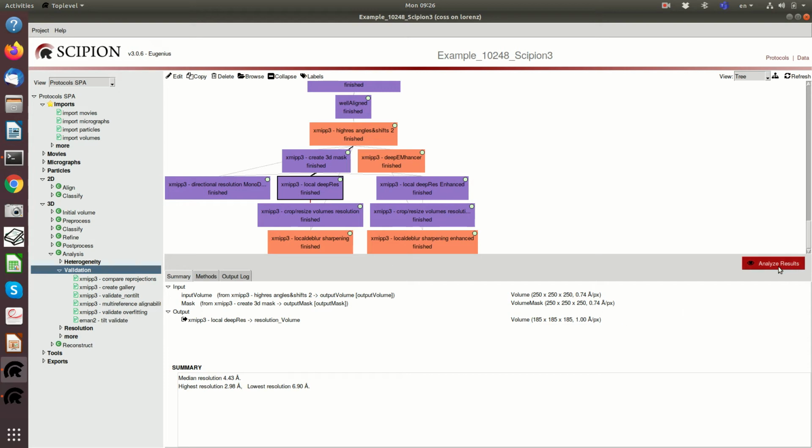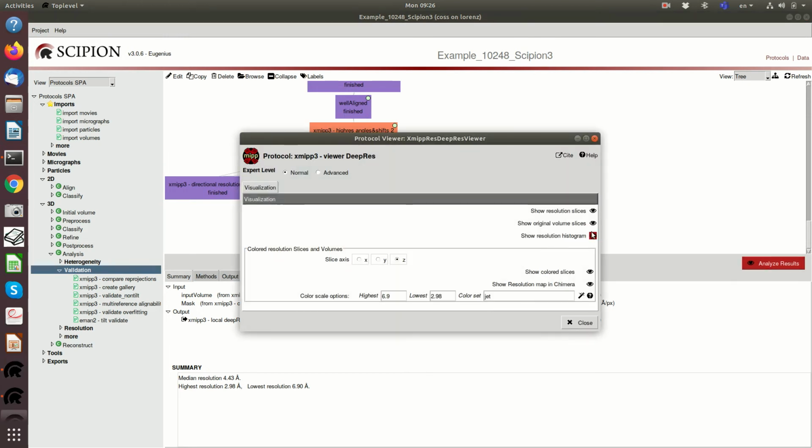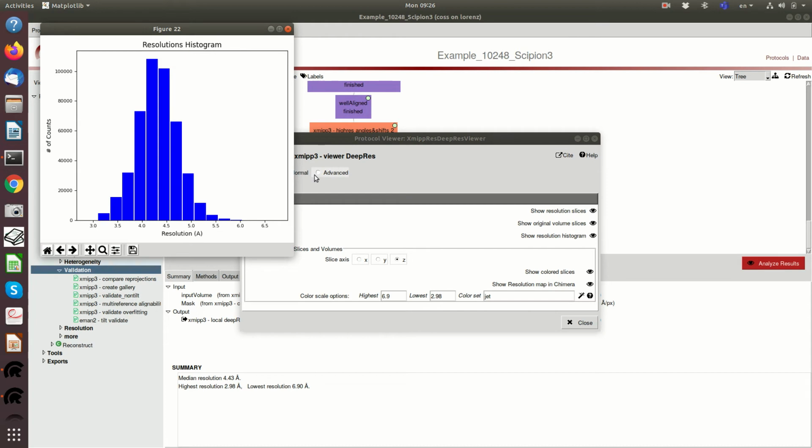So the local resolution, the one of DeepRes, I find it quite accurate, especially because the resolution that you report with the Fourier shell correlation can be understood as the best resolution that you have in the best voxel. And these local resolution measures tell you the distribution of the resolution in your structure.